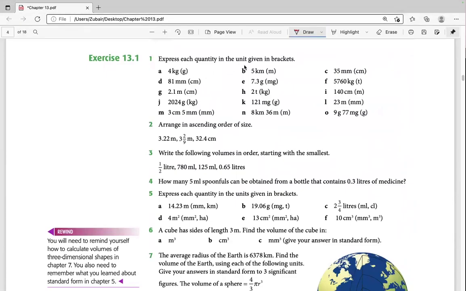Express each quantity in the unit given in the bracket. Okay, 4 kgs to grams, 4,000. For now, what we will be discussing is multiplied with or divided with.